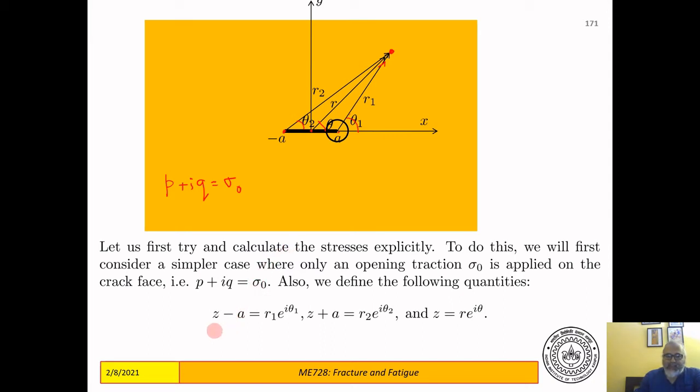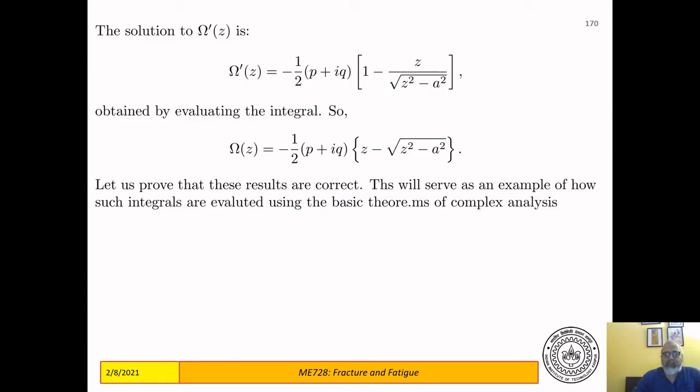So z minus a is r1 e to the power i theta 1, z plus a is r2 e to the power i theta 2, and z is r e to the power i theta. Based on these quantities, we are going to express the various derivatives of omega z now. So omega z will be this, and this I have taken to be 0, no shear, and this is sigma naught.